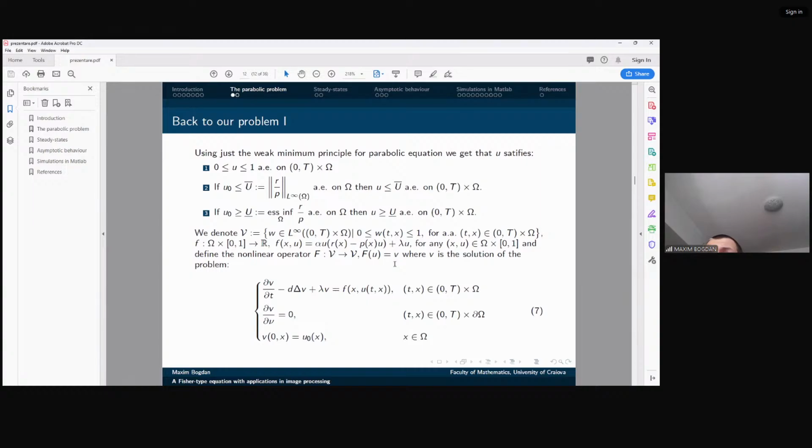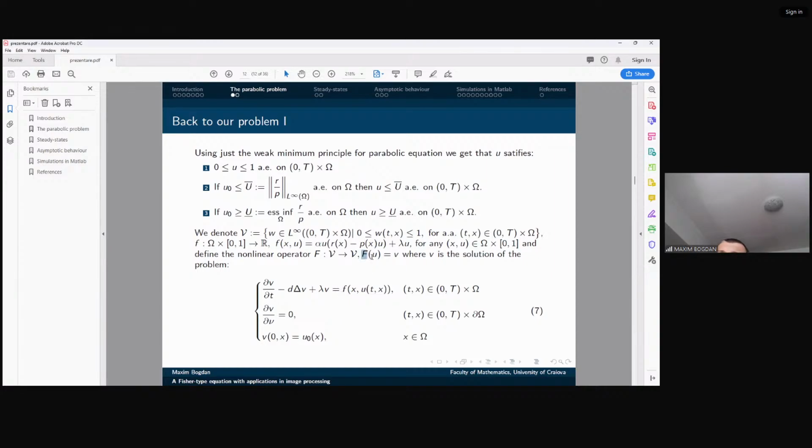I have to prove the existence and the uniqueness of the solution for this equation, and this is done by a classical method. They are called monotone methods. We define this operator F, capital F, which assigns to any function u, or to any image if you want, another image that is the solution to this equation, which looks more like what we have there.